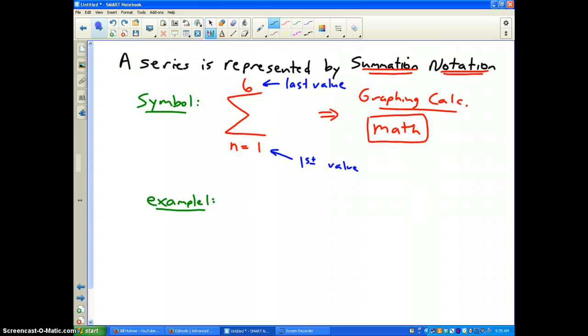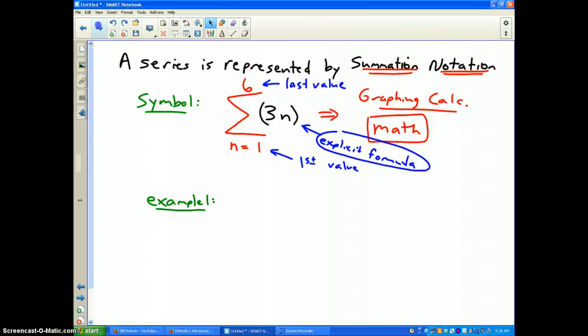And in the middle, right here, that I wrote in black, will always be the explicit formula. The explicit formula goes there.